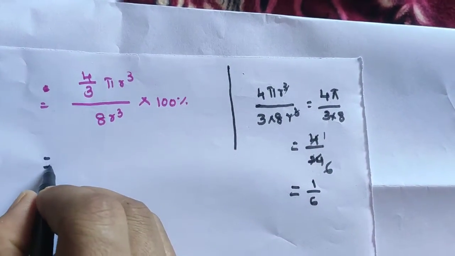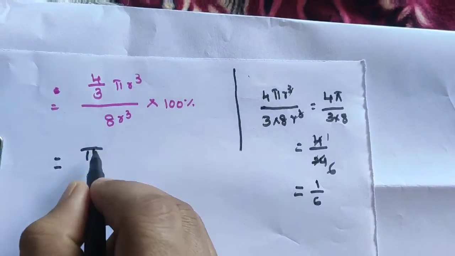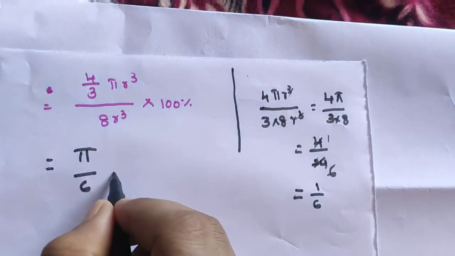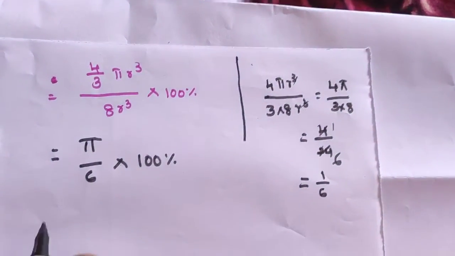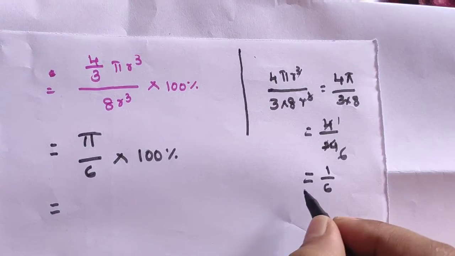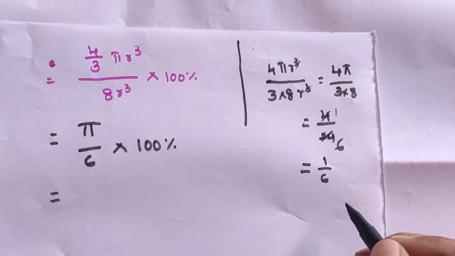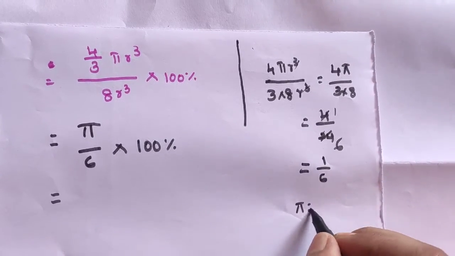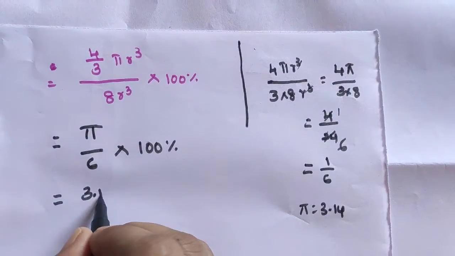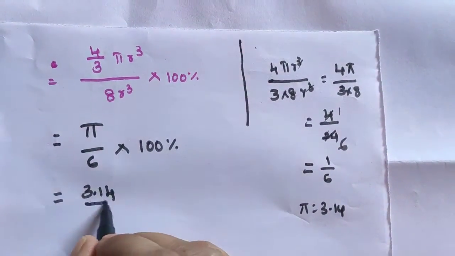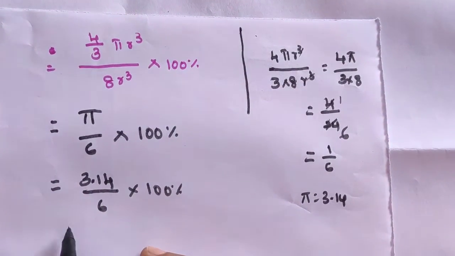So now you can simplify this. What we get here is 1 into pi, that is pi by 6, into 100 percentage. We already know that the value of pi is 3.14. So you can substitute 3.14 by 6 into 100 percentage.